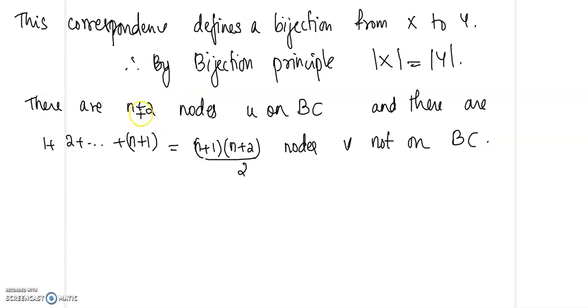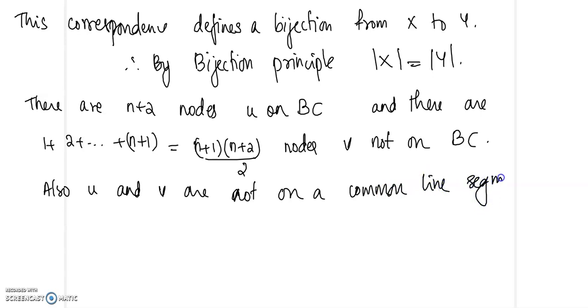So this is the number of nodes U on BC and the number of nodes V which are not on BC. U and V are not on a common line segment.